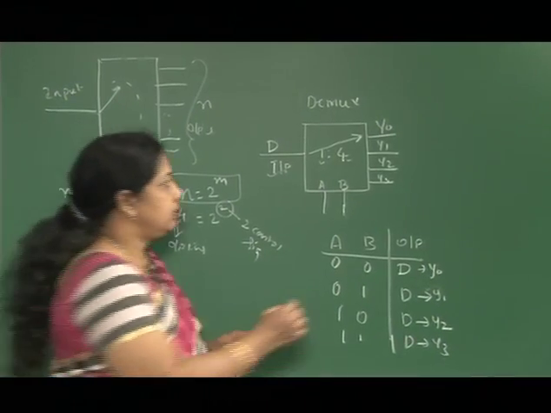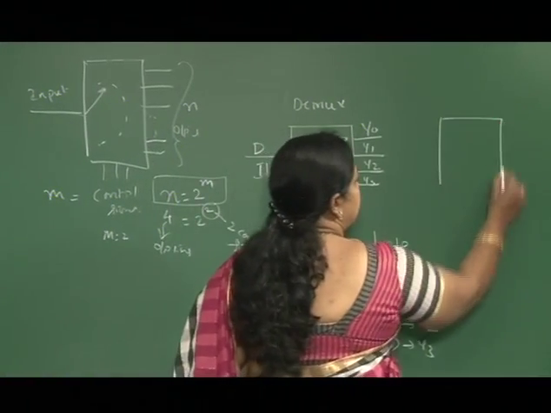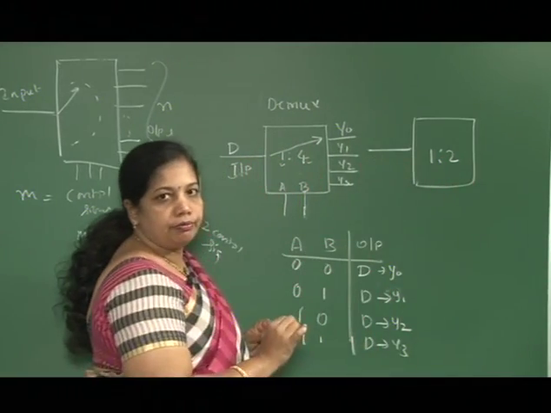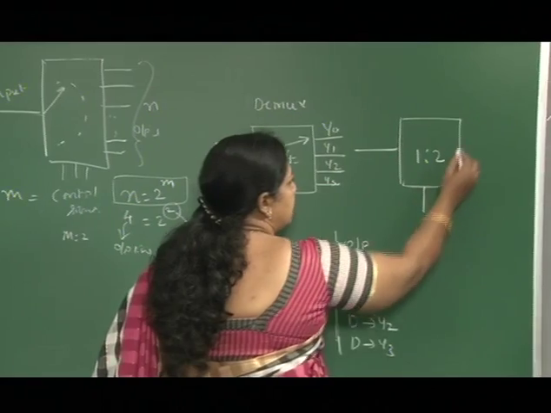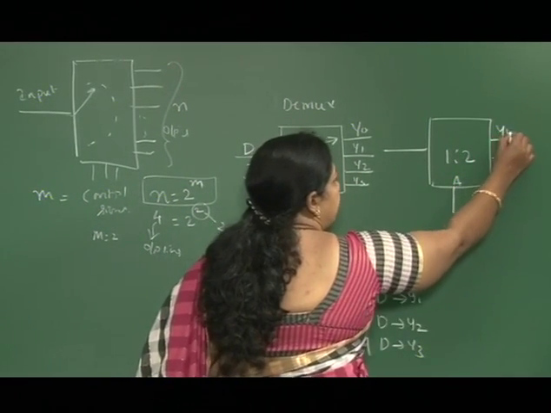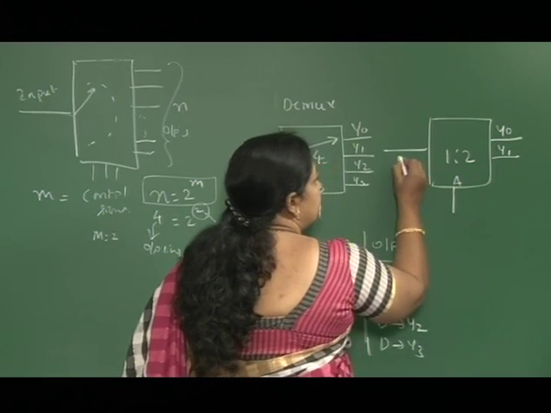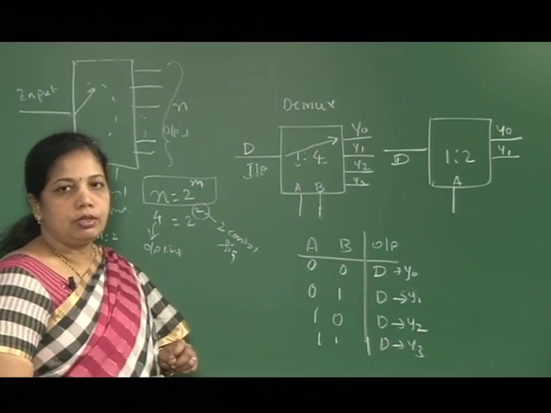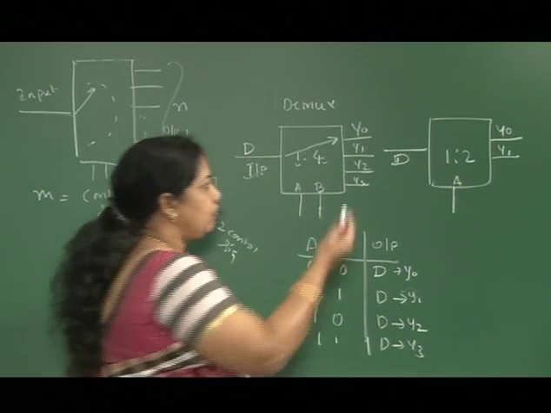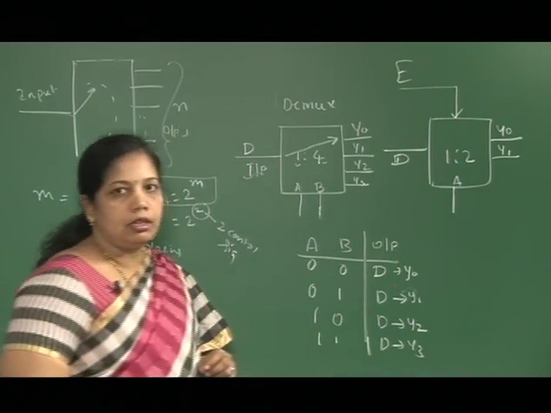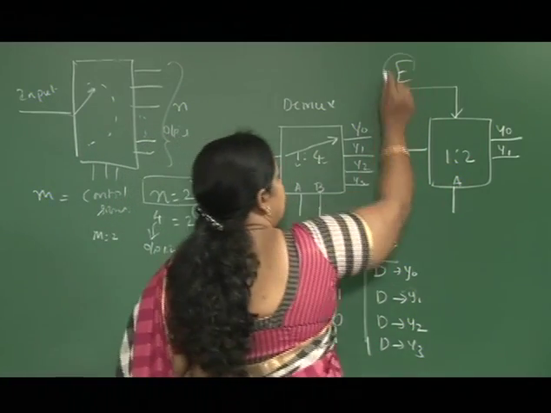Similarly, if I write the basic 1:2 demux, we have one input and one selection line to get the output. This will be A, this will be Y0, this will be Y1, and this will be my input D. So we call it a 1:2 demux. Of course we may have one more pin, enable, which is an additional signal.